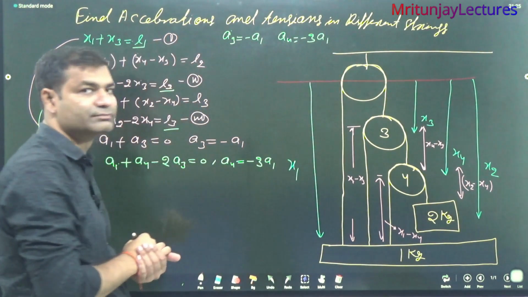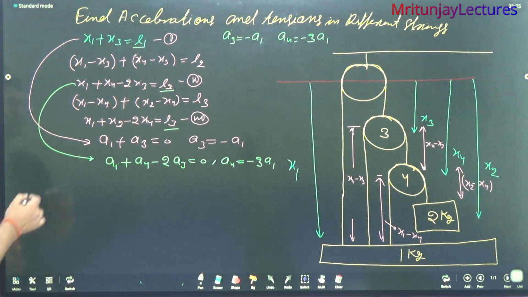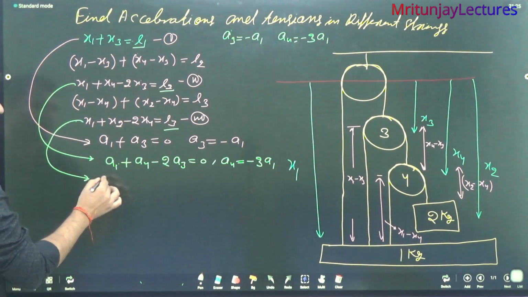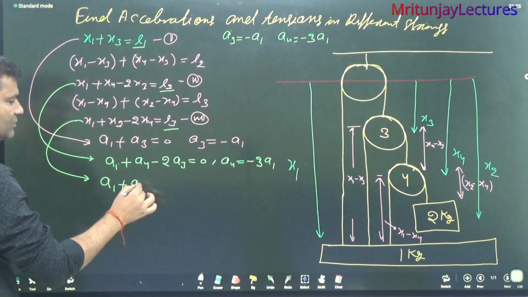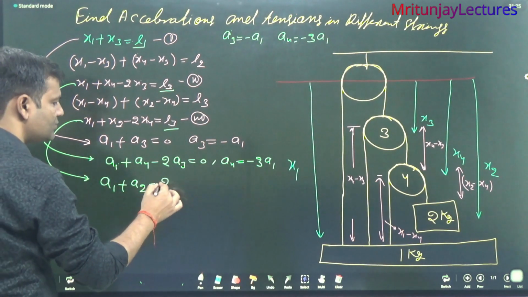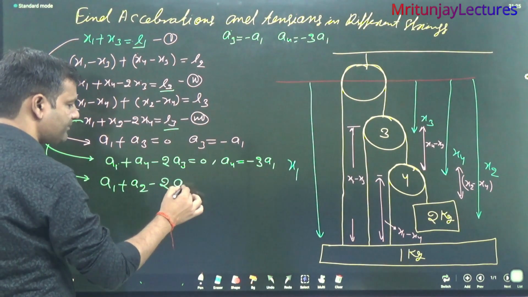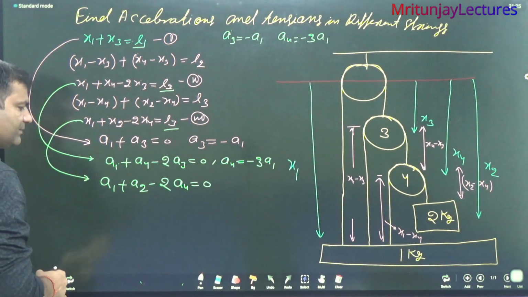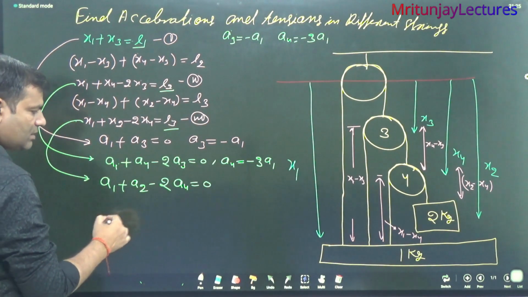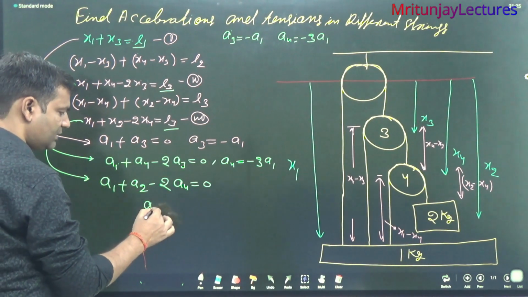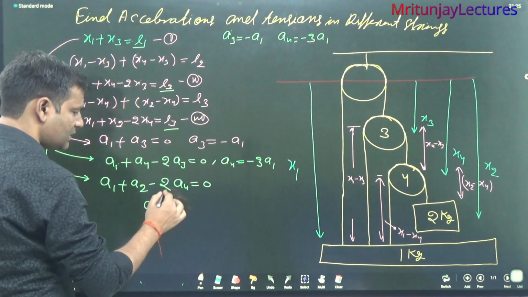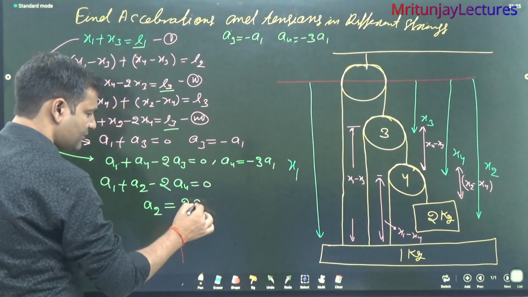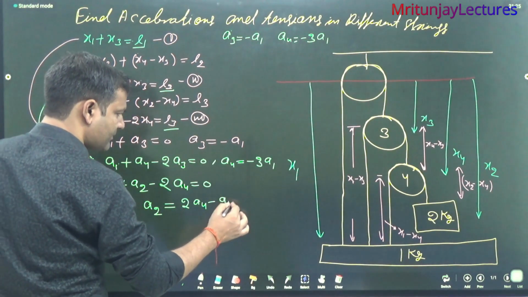Clear or not? And the last one, if we differentiate this one, then we get a1 plus a2 minus 2a4 equals 0. Then you can say that a2 equals 2a4 minus a1.